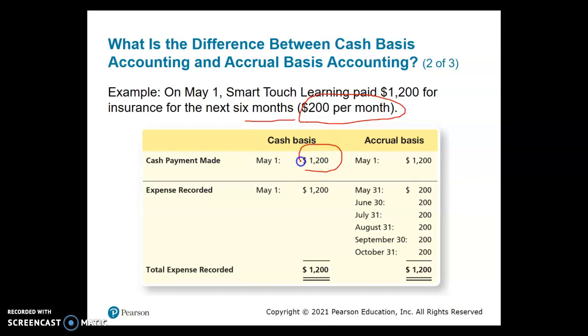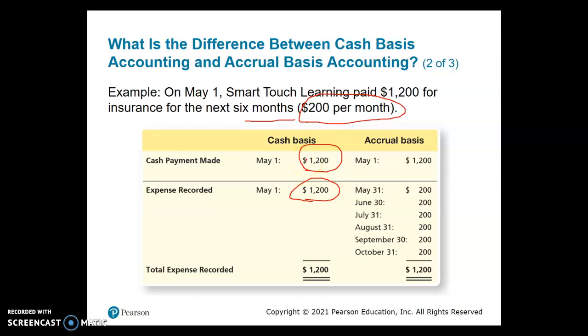So May 1st, cash payment made $1,200. If we use the cash basis of accounting method, we would record the expense for the full $1,200 because that is how much we paid.